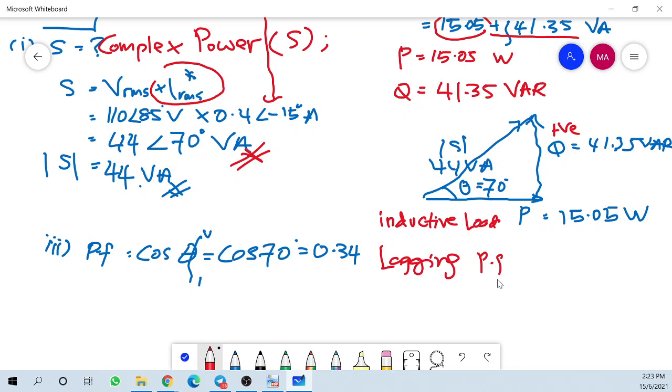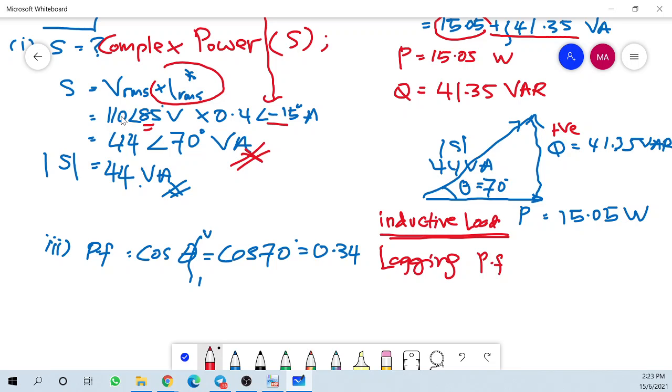Lagging power factor for inductive load. In other words, when we talk about lagging power factor, it means that our current lags voltage. Right? Current lags voltage, following the voltage. When we draw the phasor diagram, I did not draw it in this case. Hopefully you can imagine it. If you want to draw it, you can. In this case, lagging power factor.